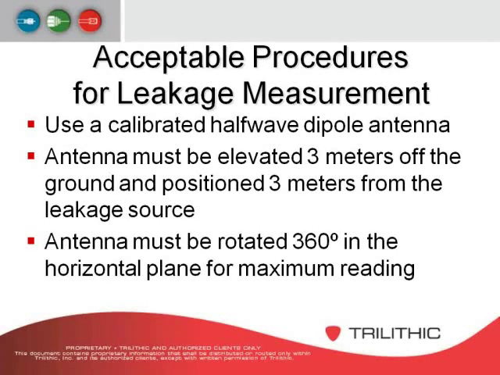And then you want to rotate the antenna or the dipole on its horizontal plane. Just rotate it 360 degrees so that you can peak on the signal level, or peak on the amount of signal that's leaking out. Or the CLI flyover is acceptable practice also.